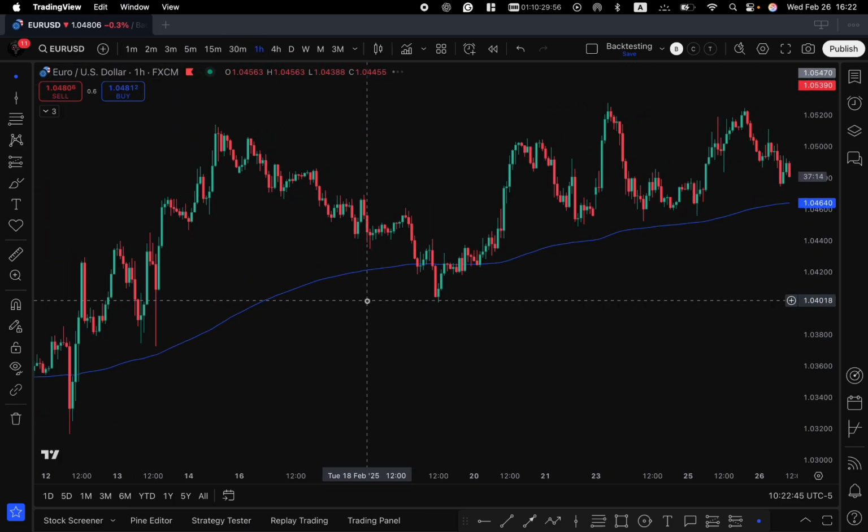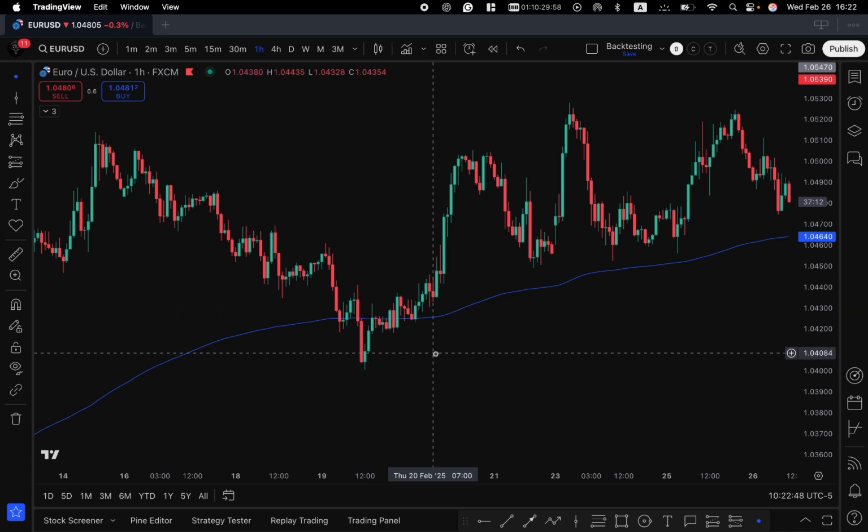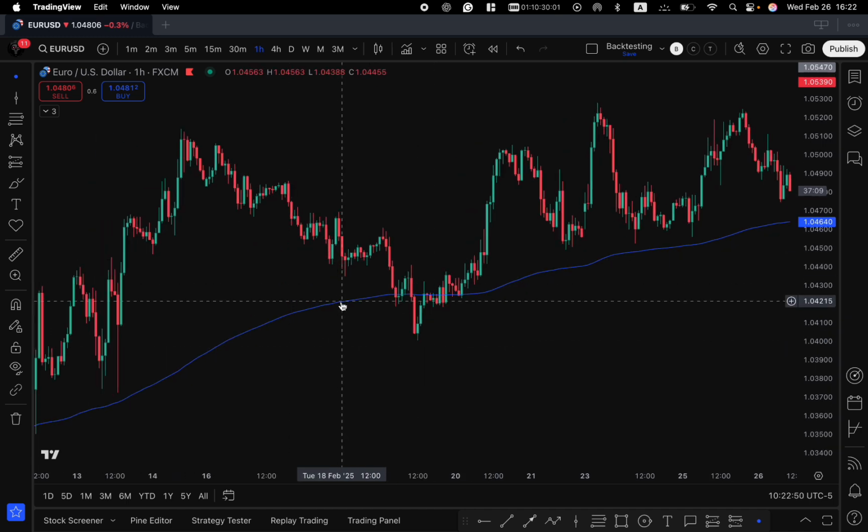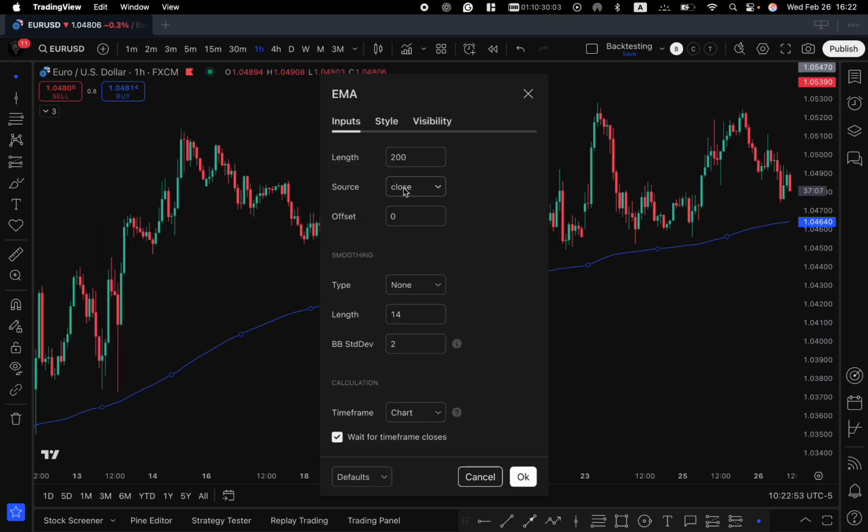So for example, you imagine you prefer to trade on the 1 hour chart, and right now the period is set to 200, but you want your moving average to be based on a lower time frame, for example, the 1 minute, okay? So you will set this to, for example, you want the same 200 minute, or maybe try 60 minute, okay?